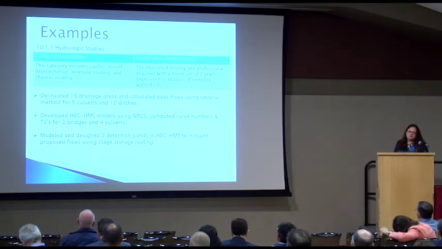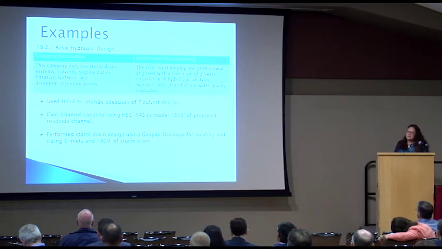And how did they do it? Using the rational method. 10.2, basic hydraulic design. It includes storm drain systems, culverts, detention retention ponds. And what was the work they did? They analyzed the adequacy of 7 culvert designs. And how did they do it? They used HY8.